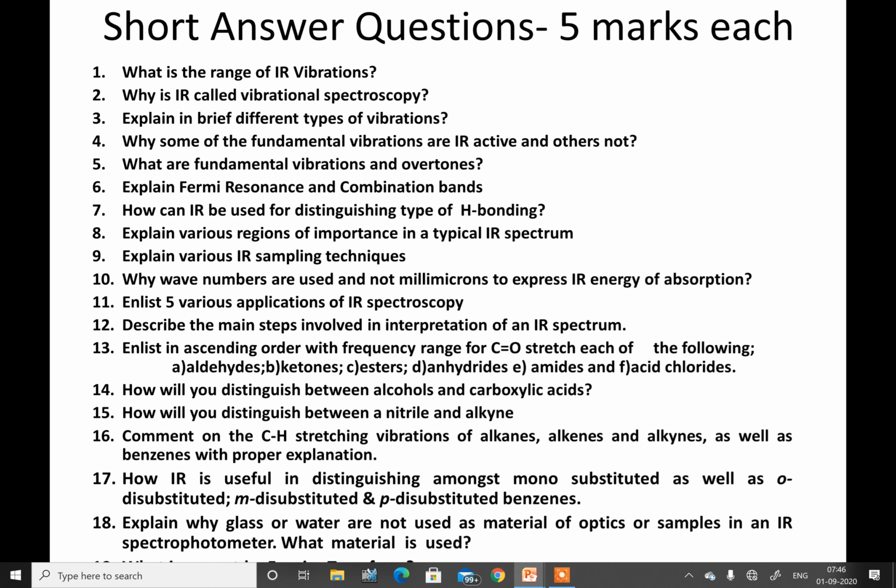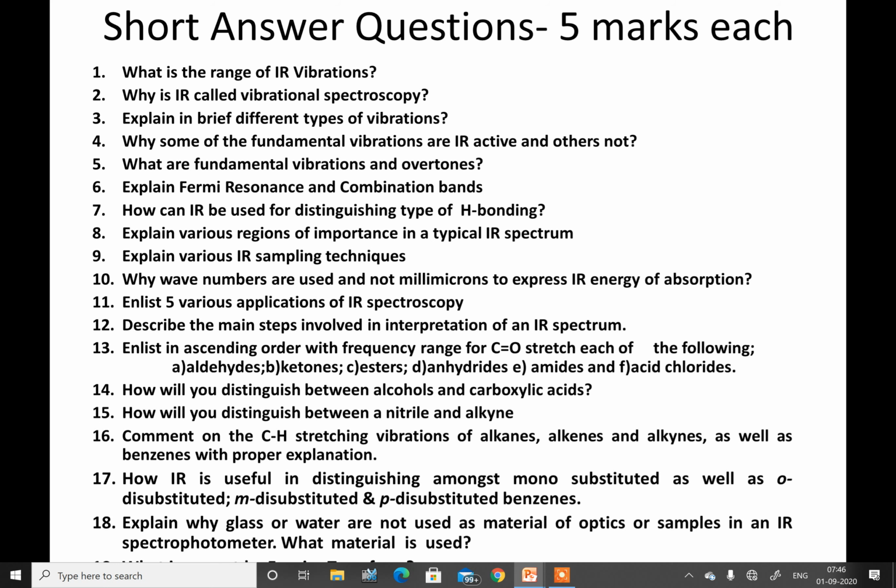Enlist in ascending order the frequency of CO stretch of each of the following: aldehyde, ketones, esters, anhydrides, amides, and acid chlorides. How will you distinguish between alcohols and carboxylic acids? How will you distinguish between methyl and alkyne? Comment on the CH stretching vibrations of alkanes, alkenes, and alkynes as well as benzene with proper explanation.